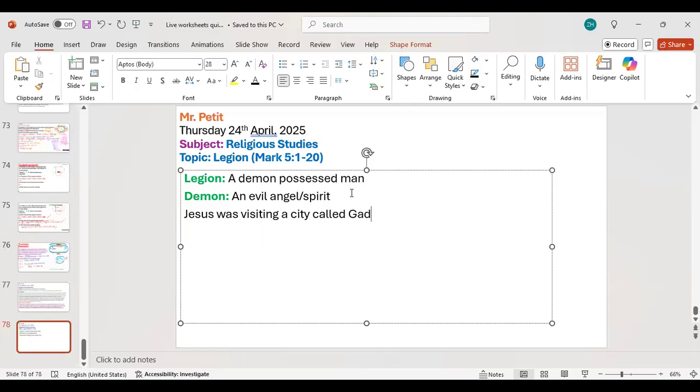No. What is the city? Gadara. No. Gadari. Close.